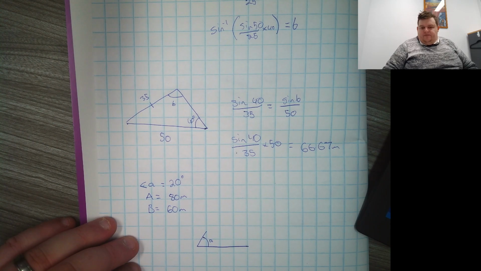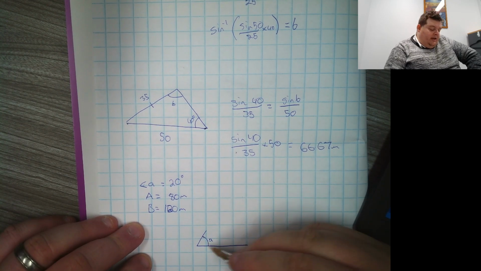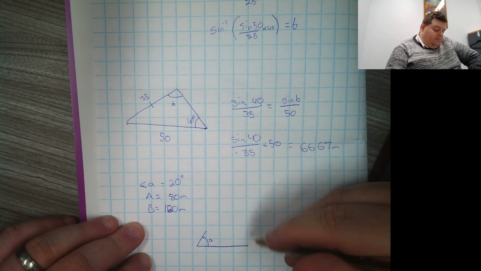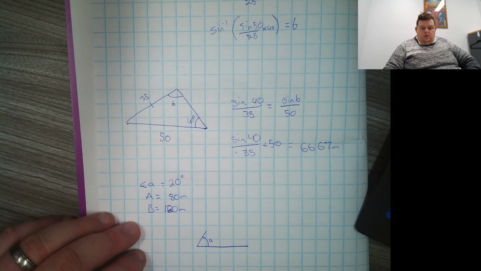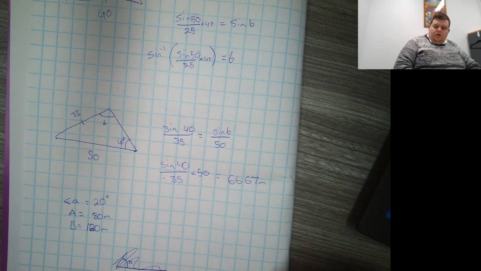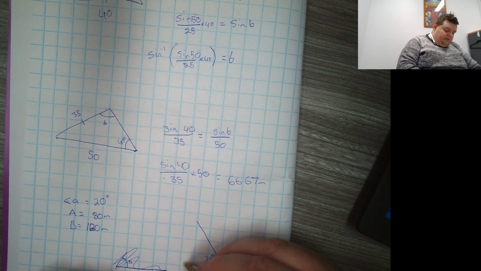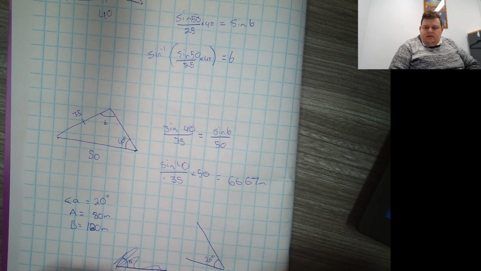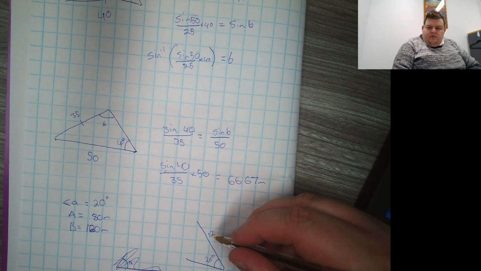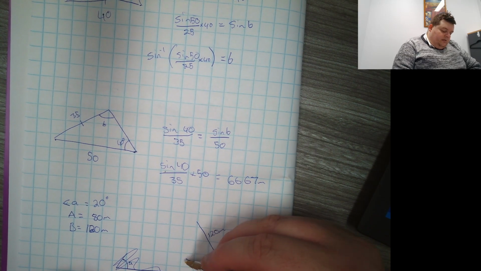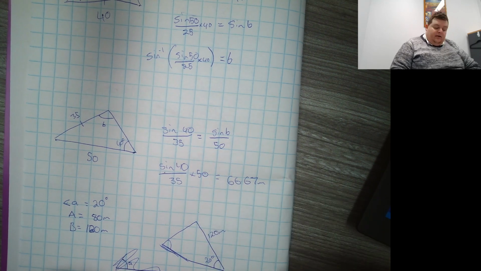I might have stuffed that up, sorry. Let's make this one 120. All right. We have angle A in here, and we have our side B as well. Let me redraw this. So let's do angle A in here is 20 degrees. So we have that, we have our 120 meters here. We have some unknown angle here, and then this one's our 80.